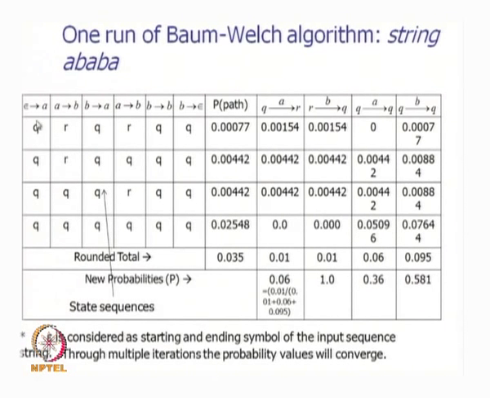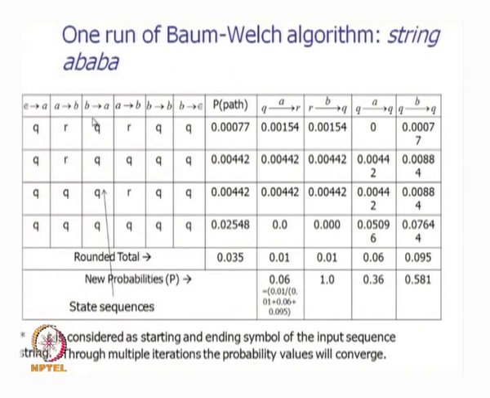We simply multiply the probabilities of the transitions. So, epsilon to A on Q, we know the probability, A to B on R, we know the probability. So, we simply multiply these probability values.